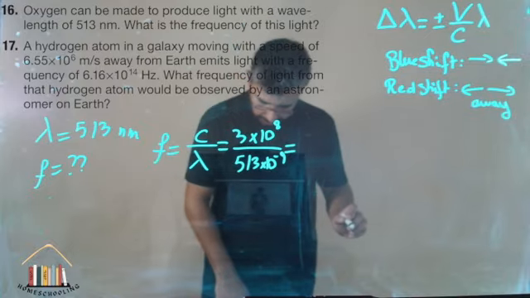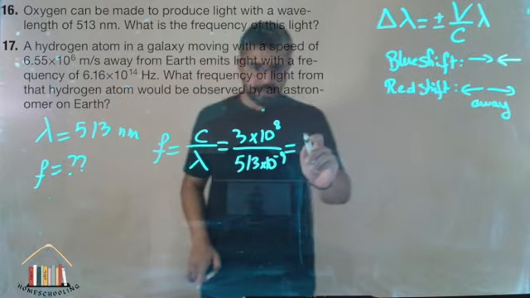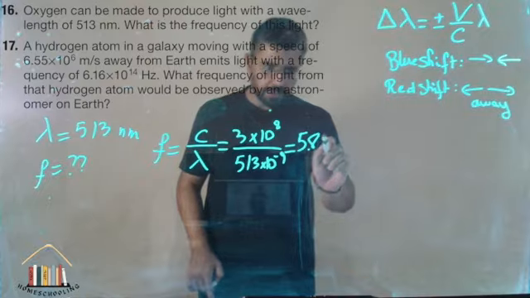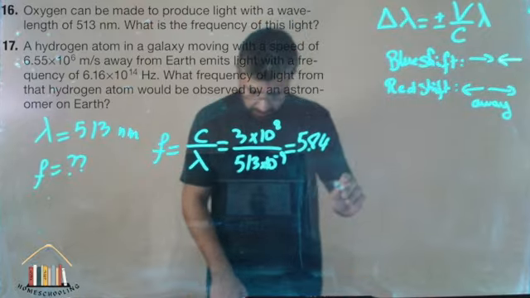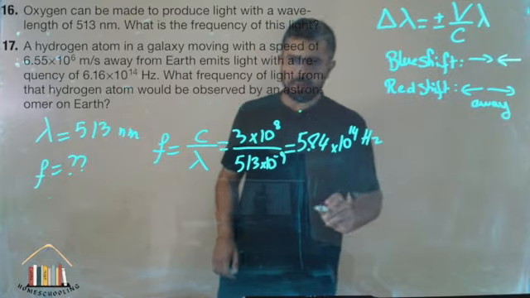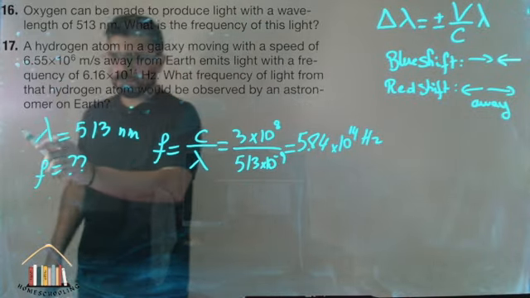And the answer is: the frequency in this case will be equal to 5.84, to 3 significant figures, times 10 to the power of 14 hertz. So that's for question 16.